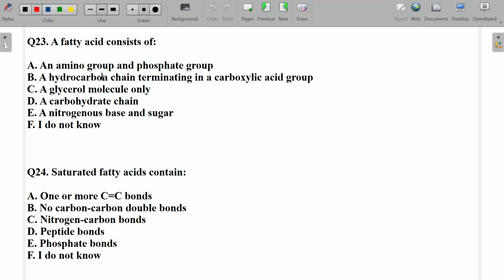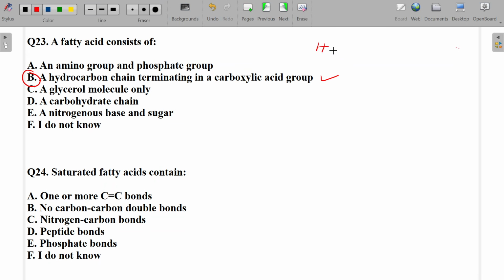B. Yes. So you find out that it's going to be a hydrocarbon. It will be something like this. Then it's going to terminate with this. So this is the carboxylic acid group. So that is how these are.